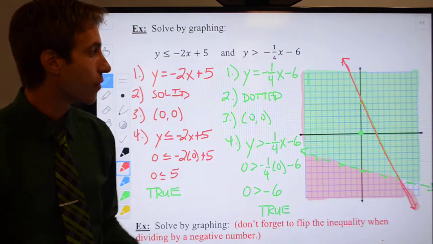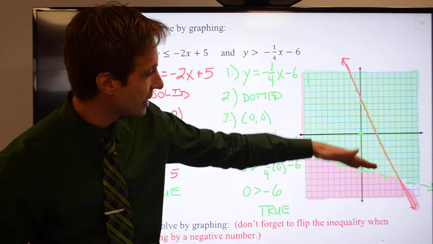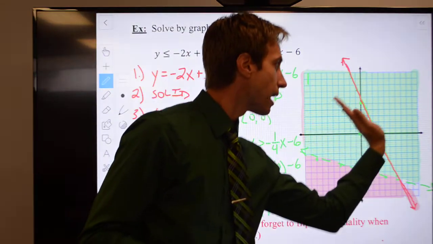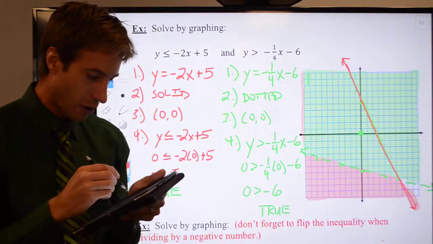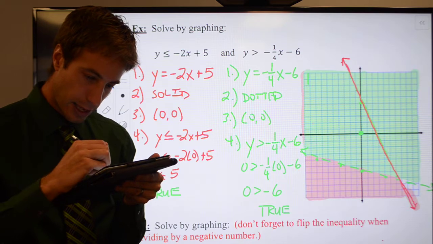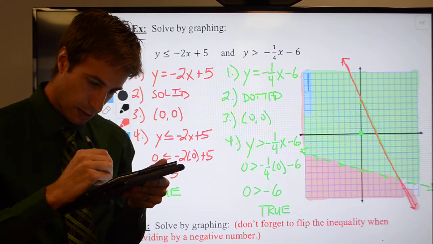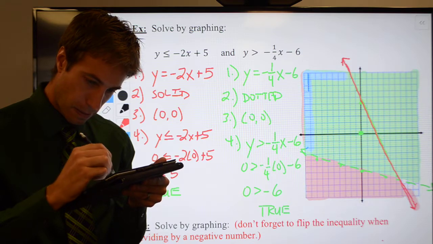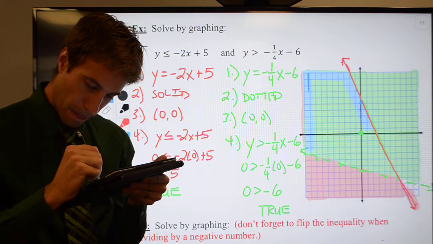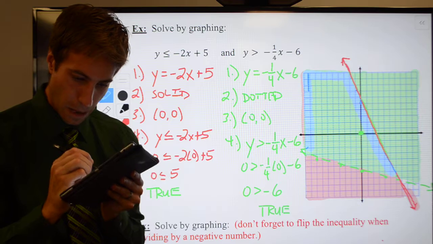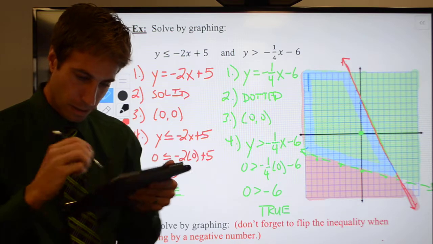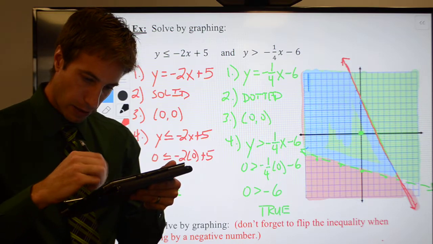So where's the region of overlap? Well, the red was everybody down here. The green is everybody up here. In the region of overlap, you guessed it, that's everybody right in here.